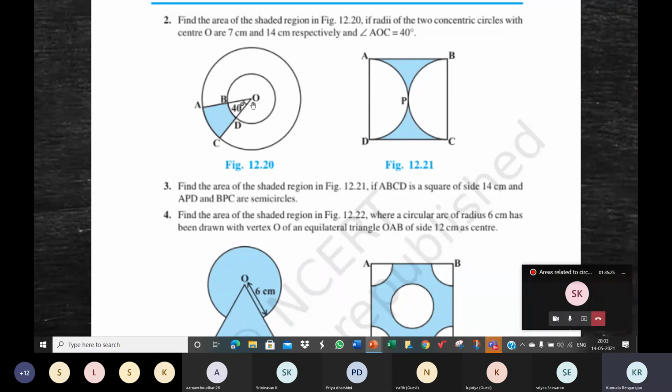Both amount to the same thing. Area of the big sector OAC minus area of the small sector OBD.